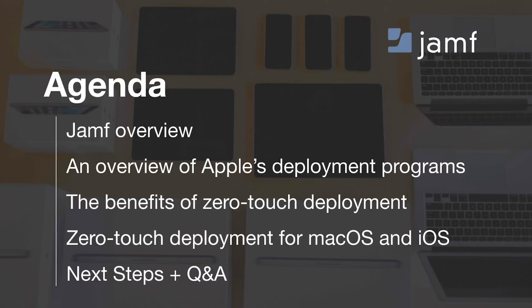First, we're going to look at Apple's deployment programs, which will make zero-touch possible. Then we'll talk about the benefits of why you should consider using zero touch. And then we'll take a look at zero touch deployment for macOS and for iOS in action and see what it actually looks like for your end users. We'll wrap up with some next steps, and we'll do that Q&A at the end as well.